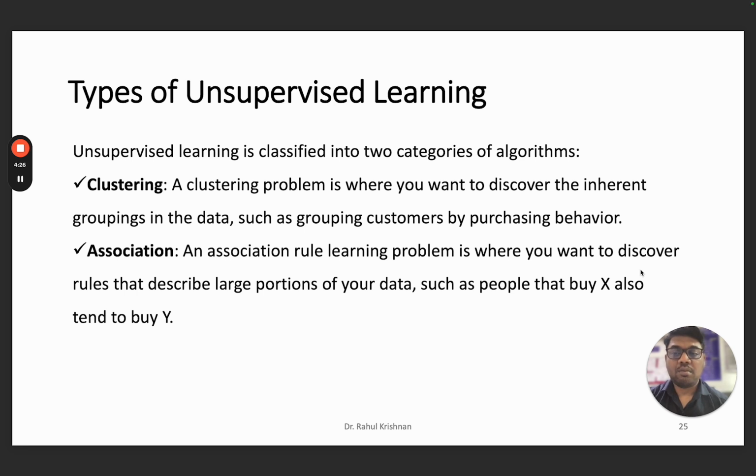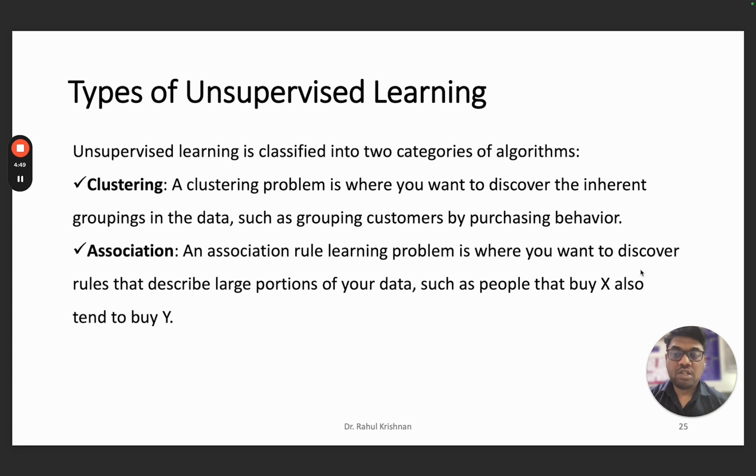What is clustering based? It is a problem where you want to discover the inherent grouping in the data, such as grouping customers by purchasing behavior. Depending on the relationship within the data, we group the data into multiple clusters. This is called a clustering approach.